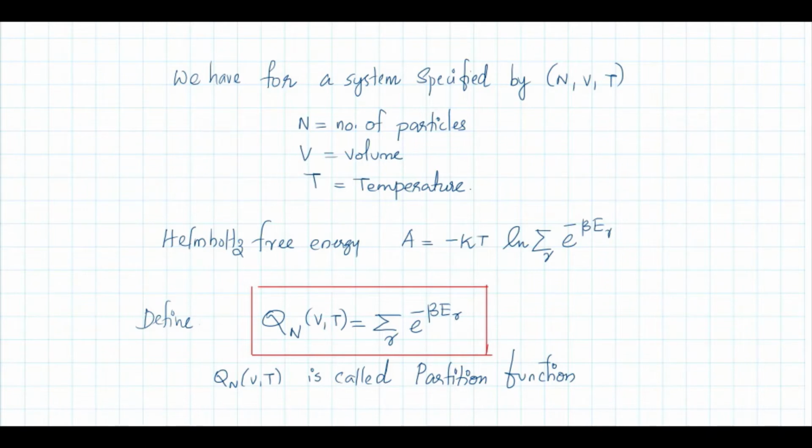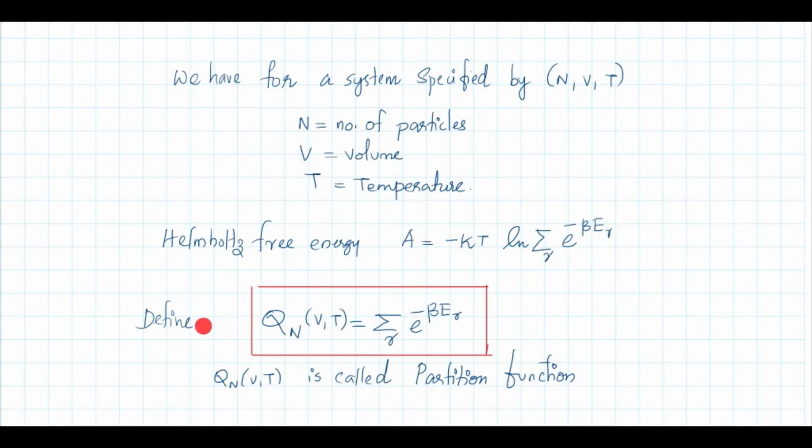We already discussed the canonical ensemble and obtained an expression for Helmholtz free energy, which is A equal to minus kT log sigma over r of e raised to minus beta Er. This summation goes over all the microstates of the system.